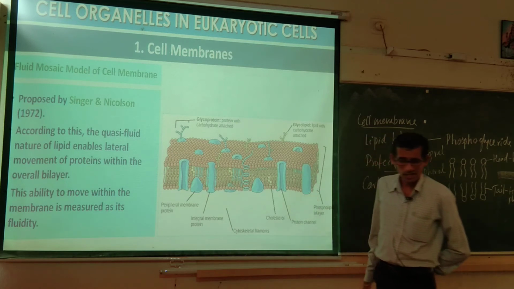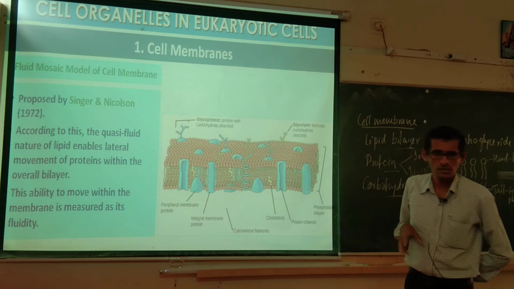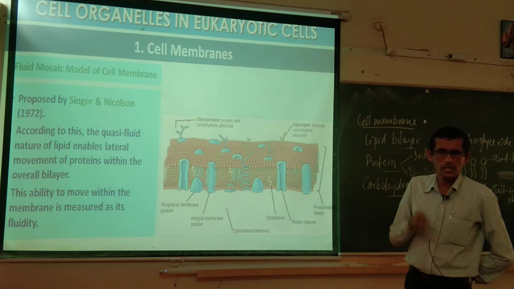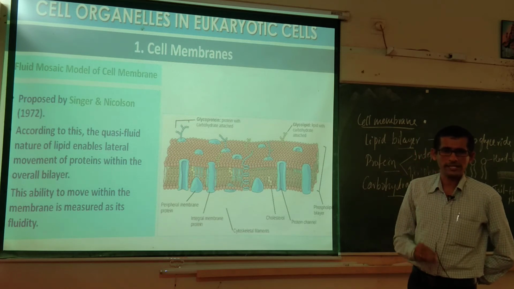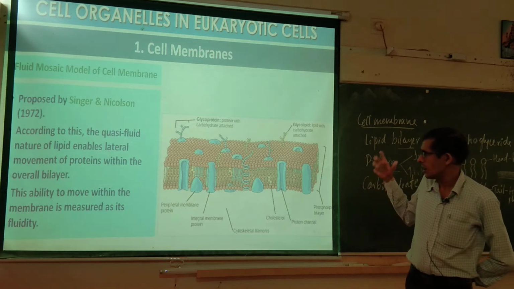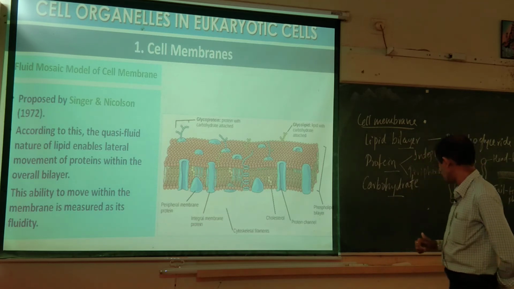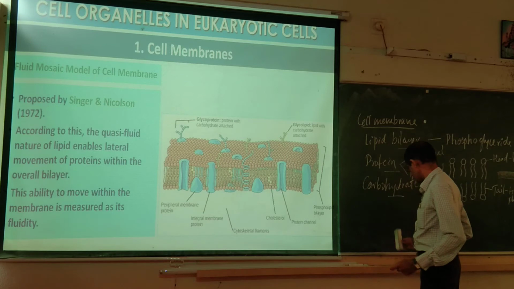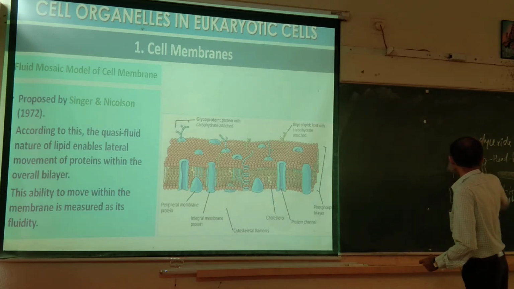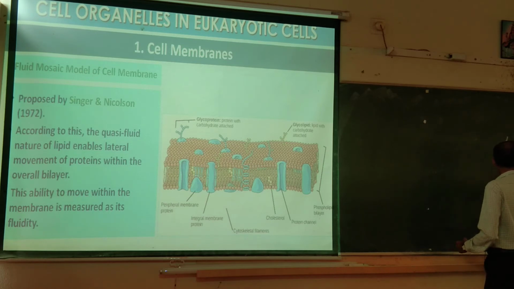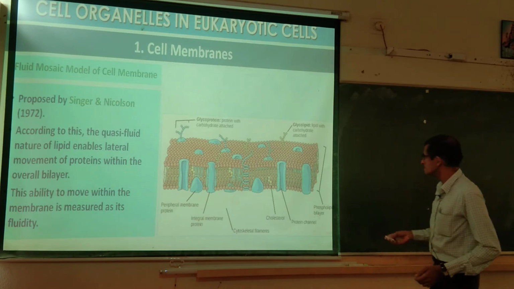Now coming to one important cell membrane model. It is like this: there is integral protein, peripheral protein, lipid bilayer, glycoprotein, and carbohydrate content. So this is explained as a model. It is called the fluid mosaic model of the cell membrane and is famous. Why it is called fluid mosaic, that we will study.